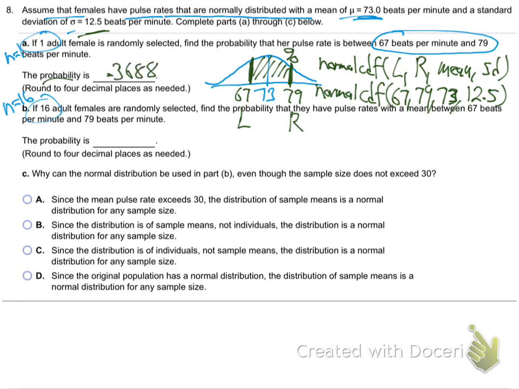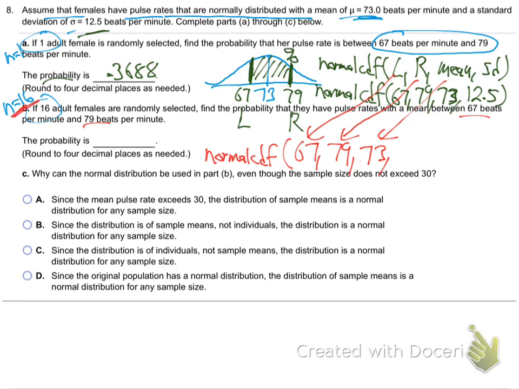And then part B is exactly the same question, except it's for 16 people. So I go normal CDF, 67, 79, the left edge, the right edge, the mean, 73. Now, what do you do for standard deviation when n equals 16?